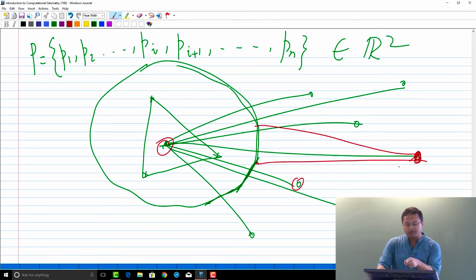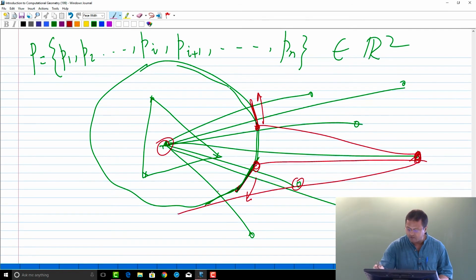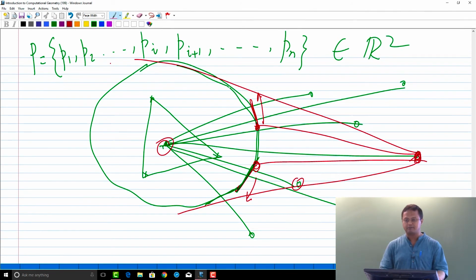Now, this will not be the correct convex hull if these two corners are concave corners, right. They are concave corners, because this is a concave corner. So, I keep pushing this to that side and this to this side. Slowly I will have the tangents.